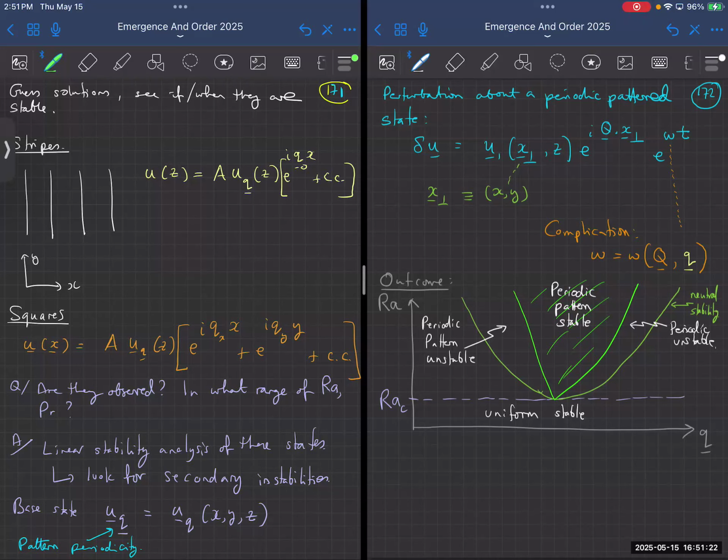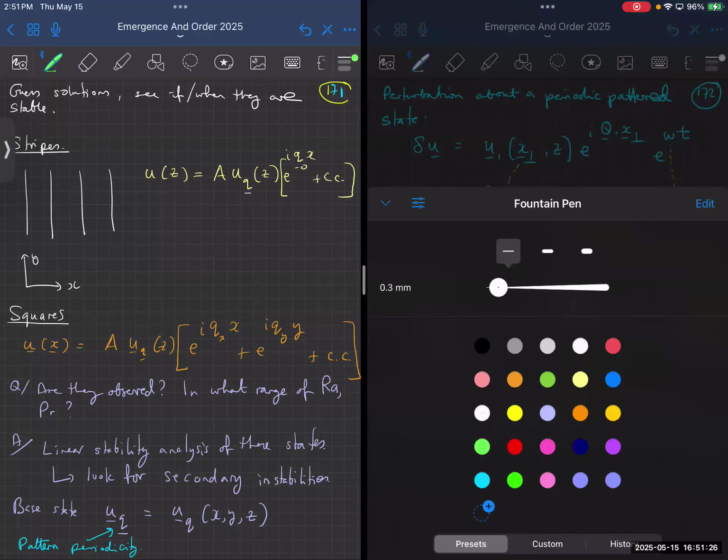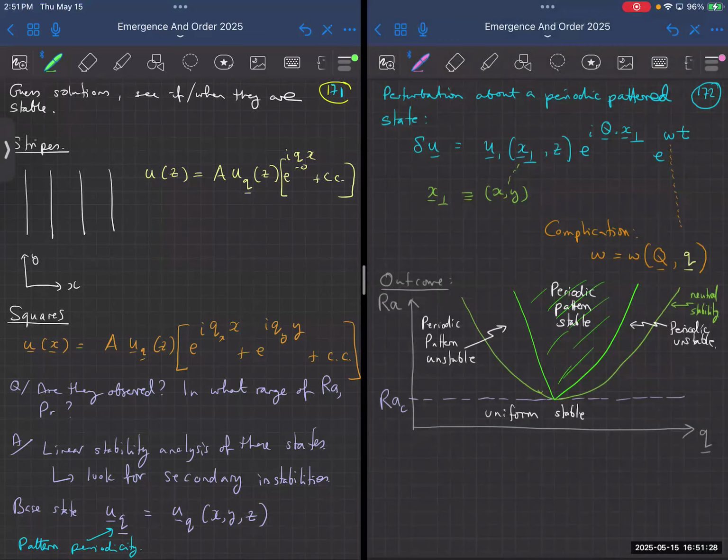You have to see if it's going to be stable. So this region inside here has a name. Some of you may have heard it before. This is called a Busse balloon. Why? Because the first person who did these sorts of calculations was Fritz Busse. And these are really complicated calculations. You have to do a lot of work to do these things.